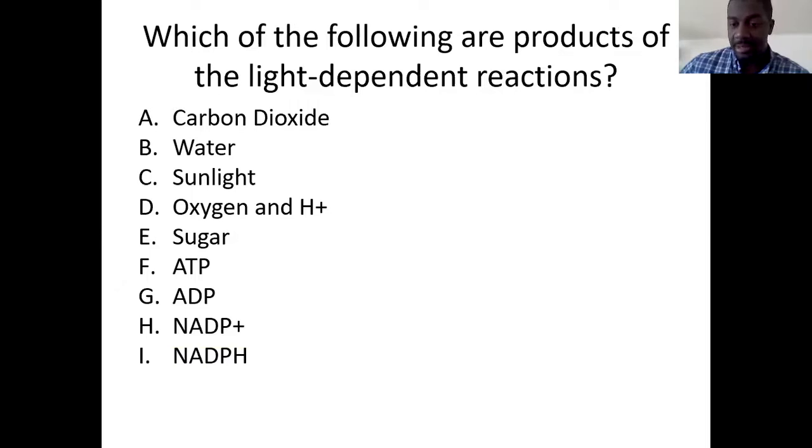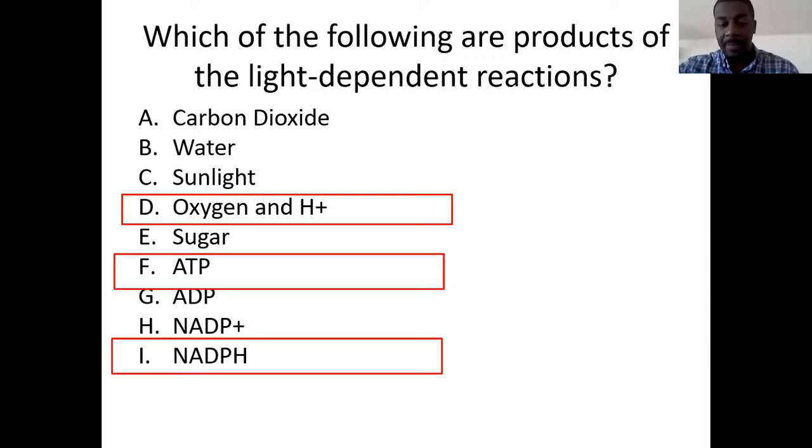I see some common answers here. A few people are getting this one. The products we form from the light-dependent reactions are oxygen and hydrogen ions. We're forming ATP, and we're forming NADPH.